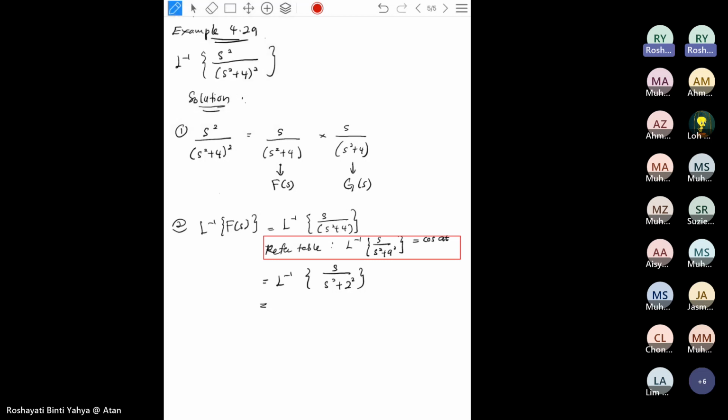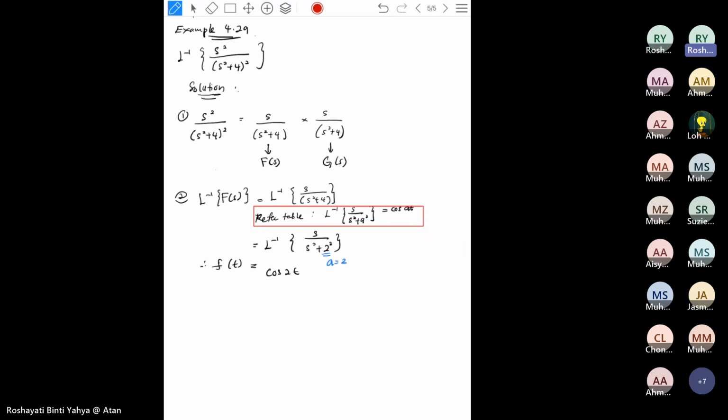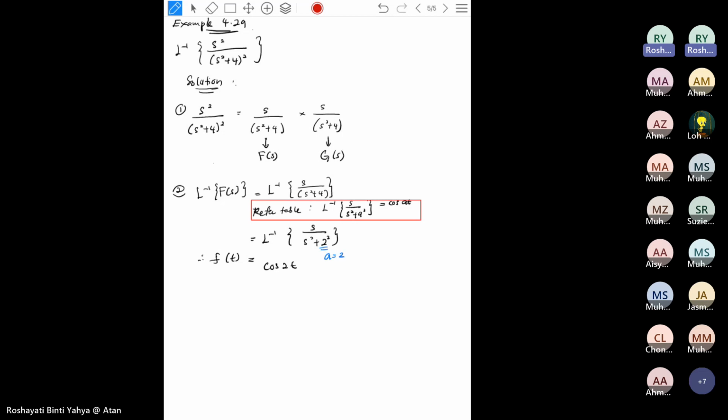So here A equal to 2, cos 2t. Okay, this is Ft. Okay.